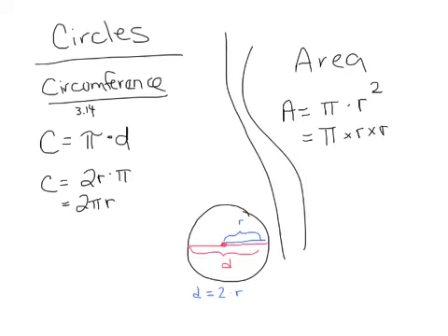Just like I talked about base times height, length times width, anytime I'm dealing with area, I'm always multiplying two sides together. And that's why I say units squared, whereas for circumference and perimeter, I talk about units. Because if it's 2 inches, it's 2 inches times 2 inches, so I have inches times inches, in other words, inches squared. But this is what's given for area.